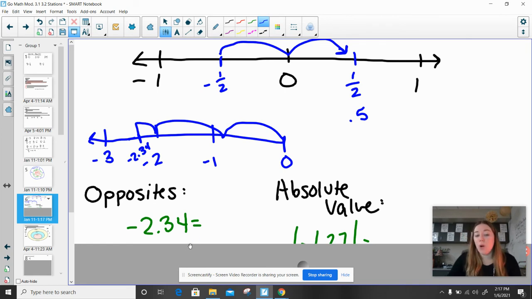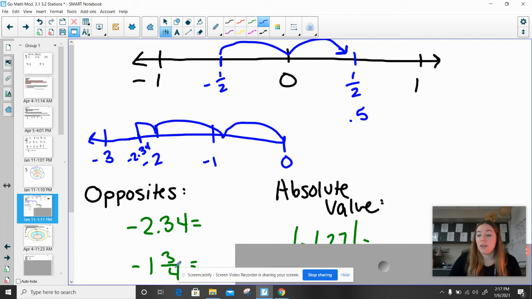So it's important to realize that any of this, or if we're looking at a mixed number, this would be 1 full hop away from 0 and then 3/4 of another hop. So we have to do those whole number hops first.